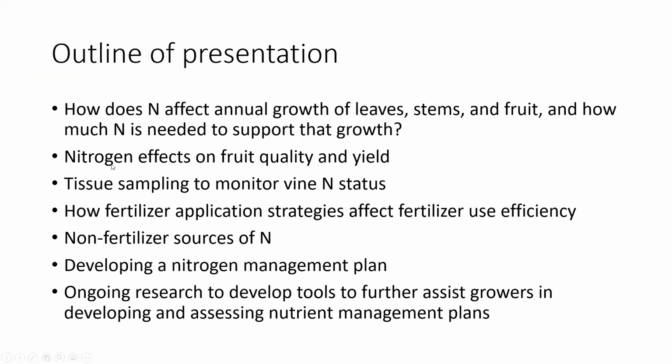So what I'm going to talk about in this presentation is how does N affect annual growth of leaves, stems, fruit, and how much N is needed to support that growth.